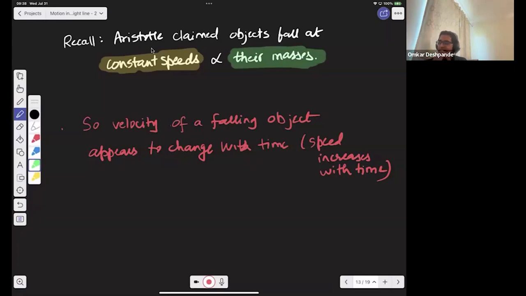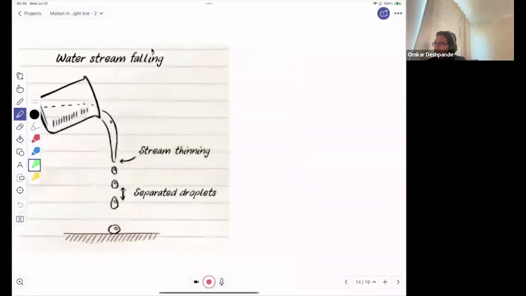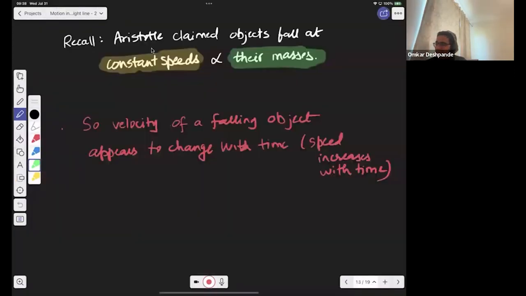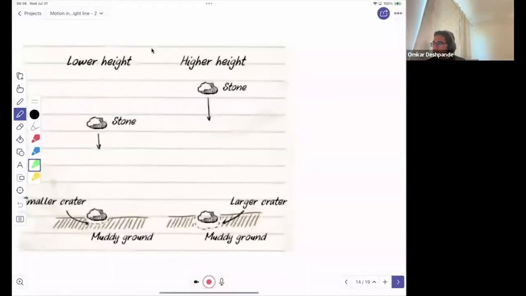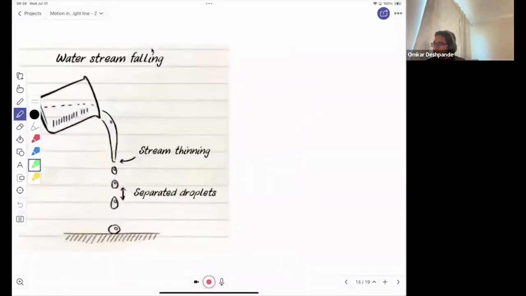Many historians say he actually didn't, because he felt that he had a strong proof that this is impossible. And his proof went something like this. Firstly, objects seem to accelerate. When I say accelerate, I mean their speed seems to increase as they fall. This is something that people argued even before Galileo, based on these common observations.